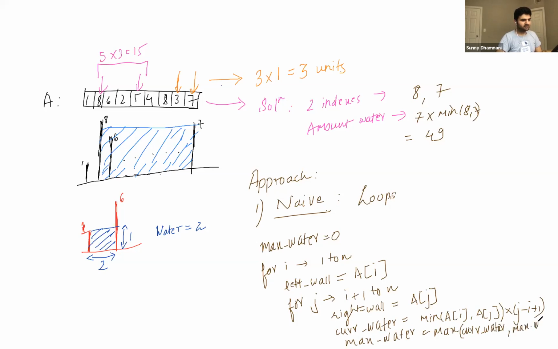Is that clear? The naive way of solving. So we have these two loops, and for every combination of left and right walls, we find the amount of water and take the maximum of it.